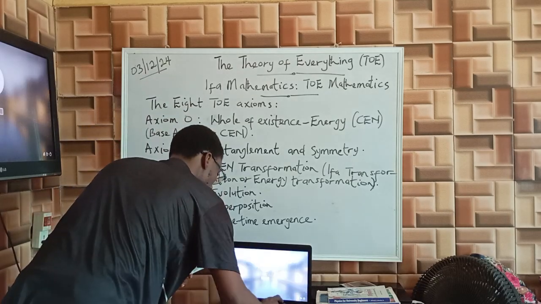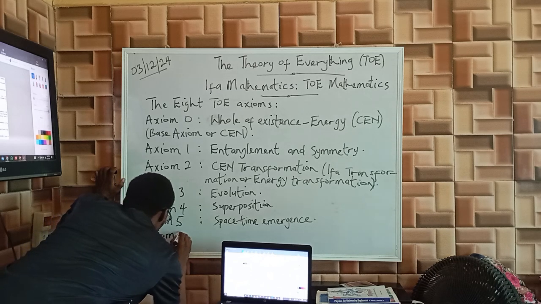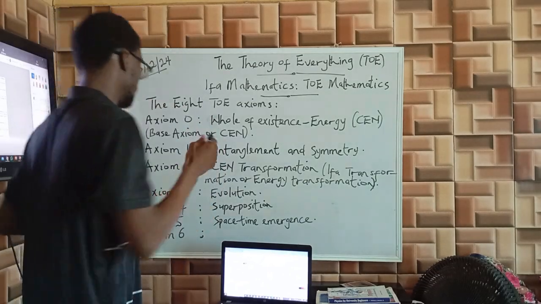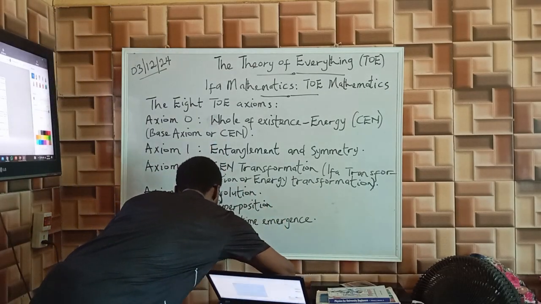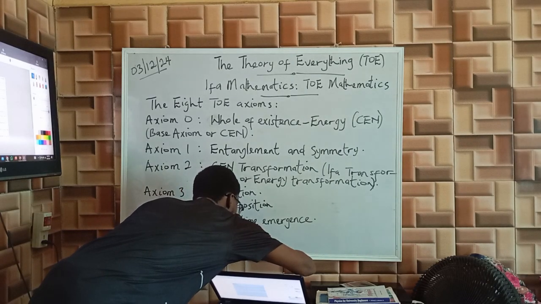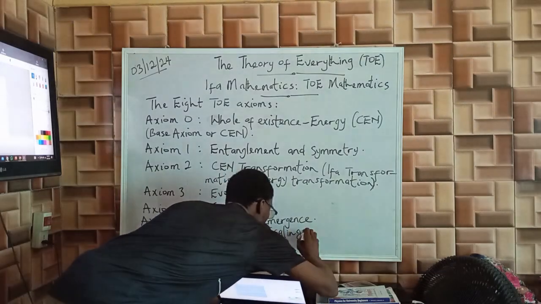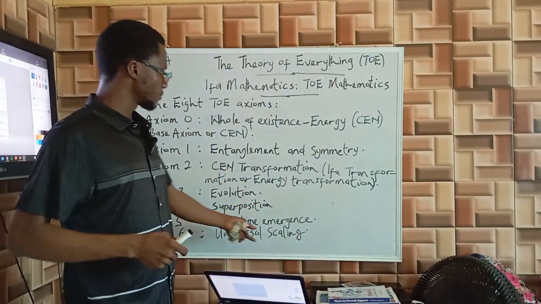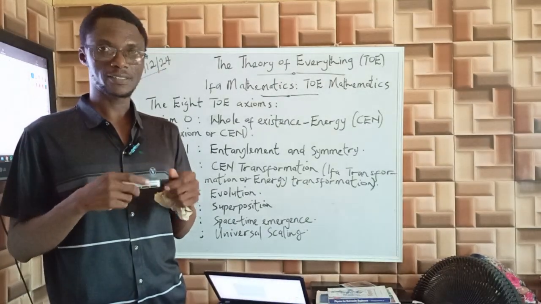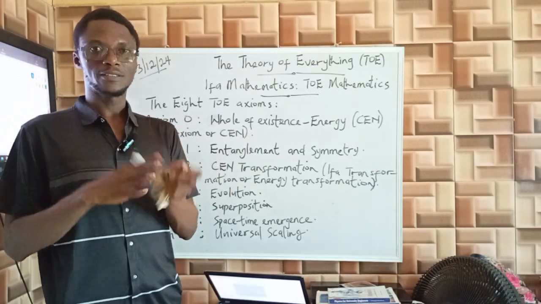Then we have axiom 6. So axiom 6 is all about universal scaling. So this one simply tells us that all things in nature have hierarchies. You can observe this in nature, that all things have hierarchies or rank.